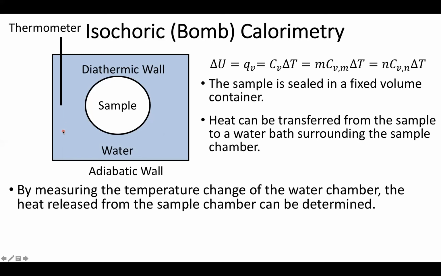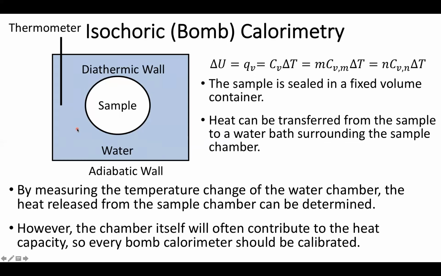So if I know the change in internal energy of my water, I can determine the heat or change in internal energy of my sample by knowing that any heat lost from my sample is heat gained by my surroundings.